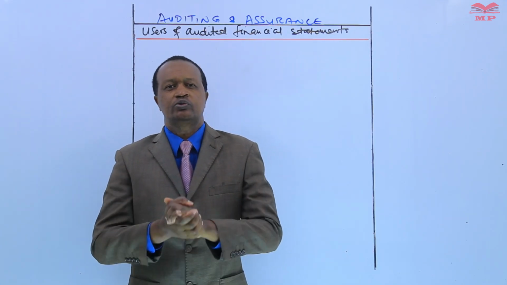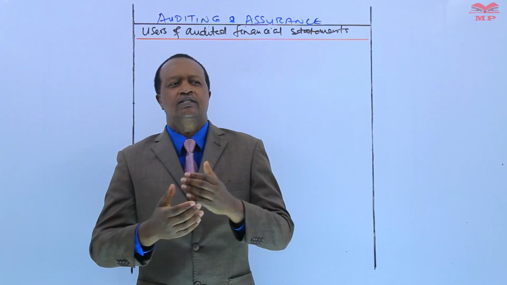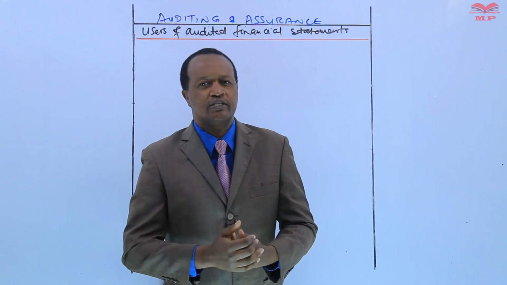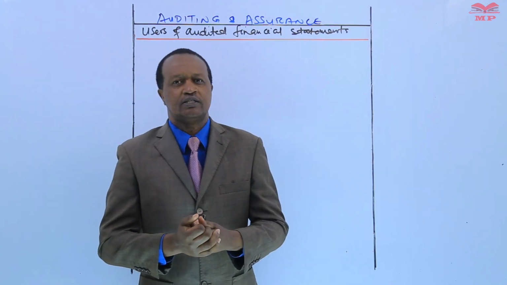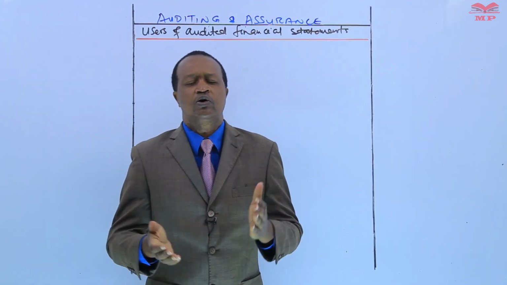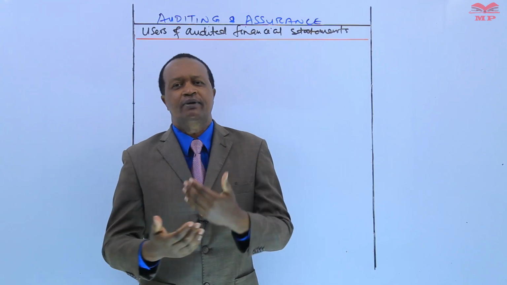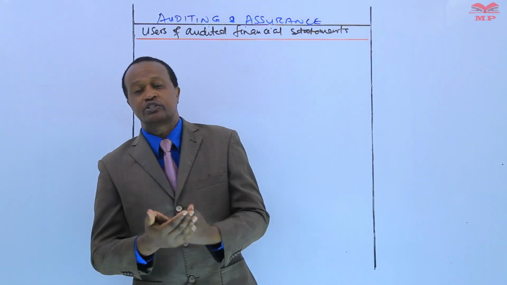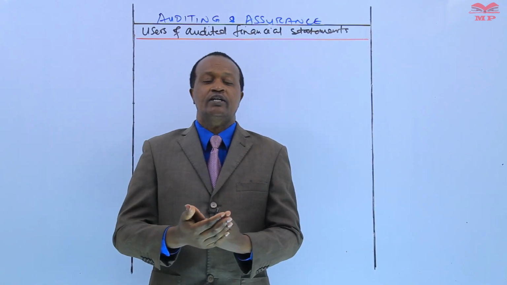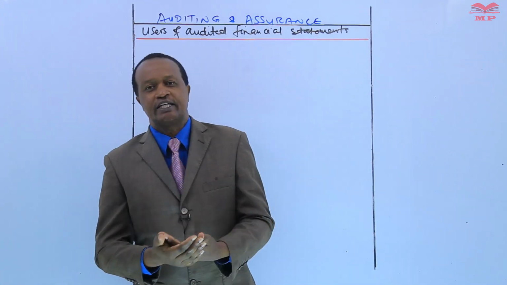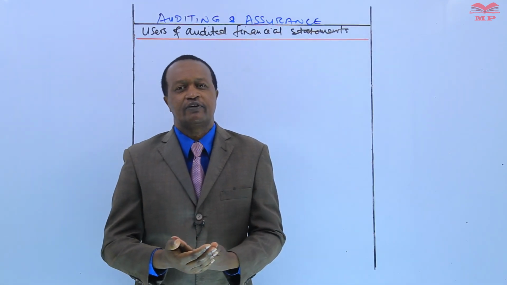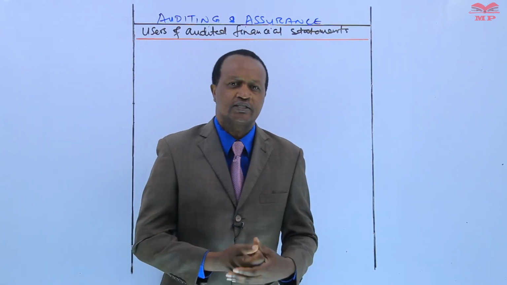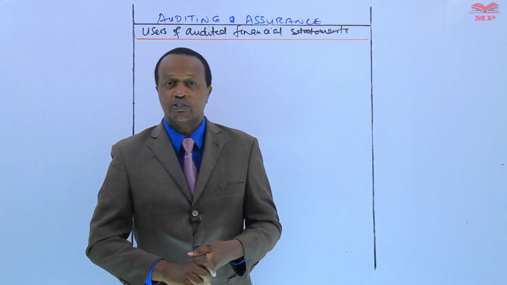Today we are going to discuss users of audited financial statements. In our last sessions, we defined auditing as a systematic and independent examination of the financial records of an organization to ascertain their accuracy, fairness, and compliance with the regulations.